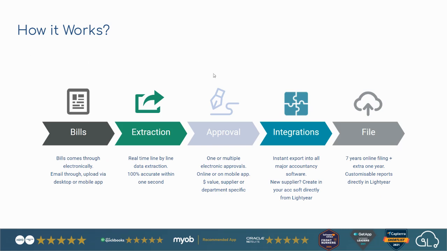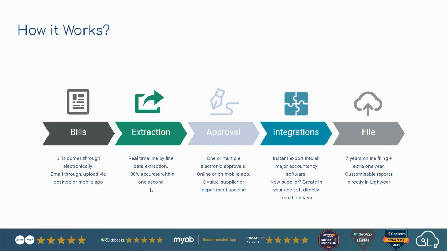So high level, how it works. Your bills come through electronically, either directly from the supplier emailing them through. Your accounts team might be forwarding them through via email. They can also be uploaded via the desktop or the mobile apps as well. Then our data extraction engine extracts line-by-line data 100% accurately within 1 second for PDF invoices and credit notes.